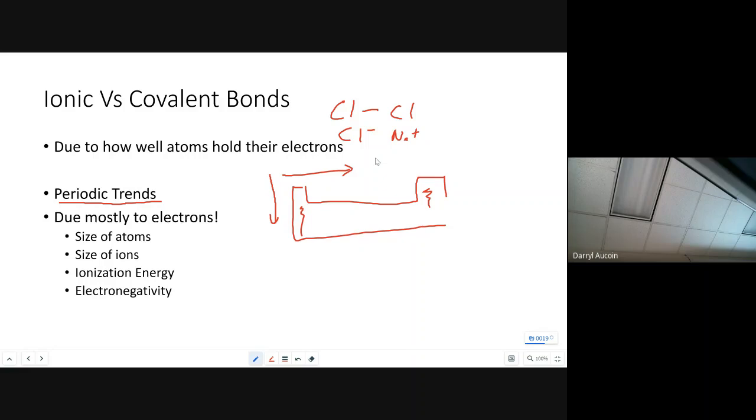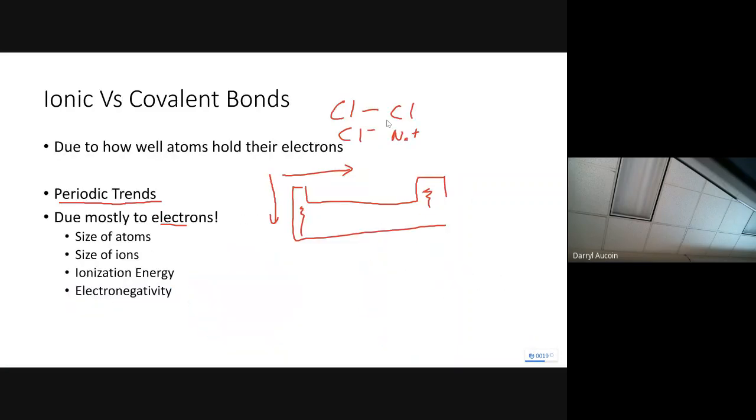Some atoms get really small. And it all has to do with kind of where it is on the periodic table, which is a property of the electrons. And the electrons cause atoms to be larger or smaller, or more easy or harder to give away electrons. And because we can predict those based on their location, that lets us figure out later, is this atom going to form a bond that's more polar, more ionic bond where it actually trades electrons? Or is it going to form a bond that's more covalent, where atoms actually share electrons with each other?